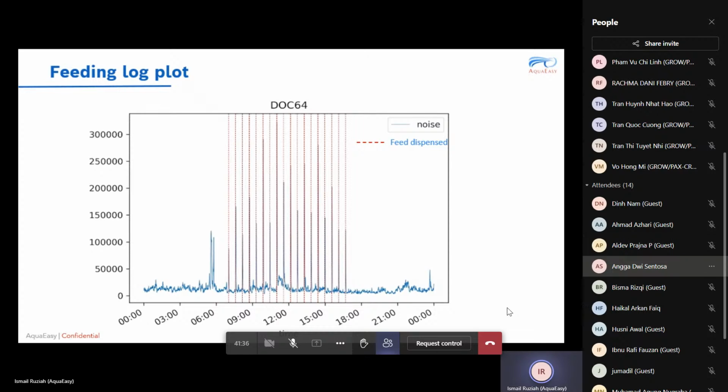So is it correct to say that our eye feeding concept, when we say on-demand feeding, is more about area feeding, right? But in general, the total feeding amount is still under our control, right?